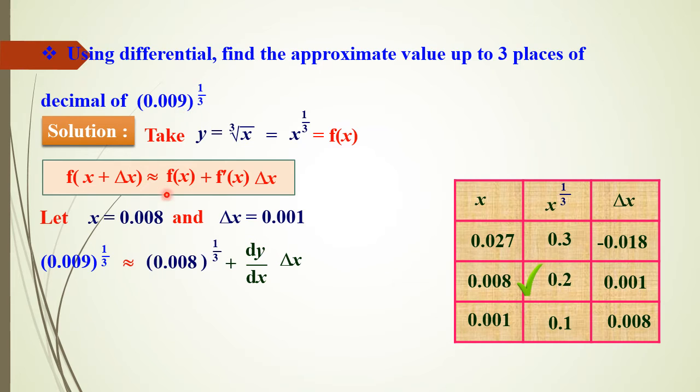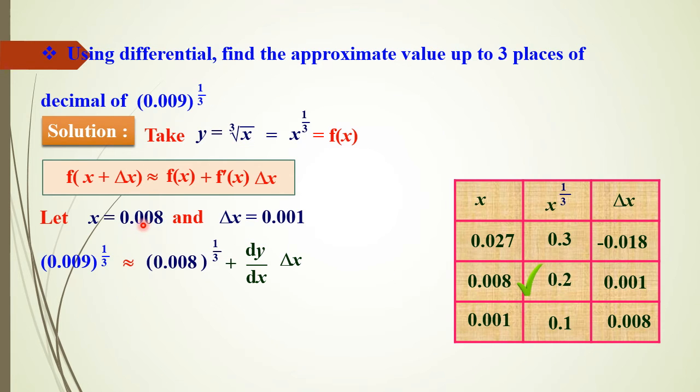So if you write 0.008, the cube root of 0.008, is 0.2 whole raised to 3, which after expanding gives 0.008. Raising this to 1 by 3, the cube root and the cube terms get cancelled, so you can come out of the cube root.